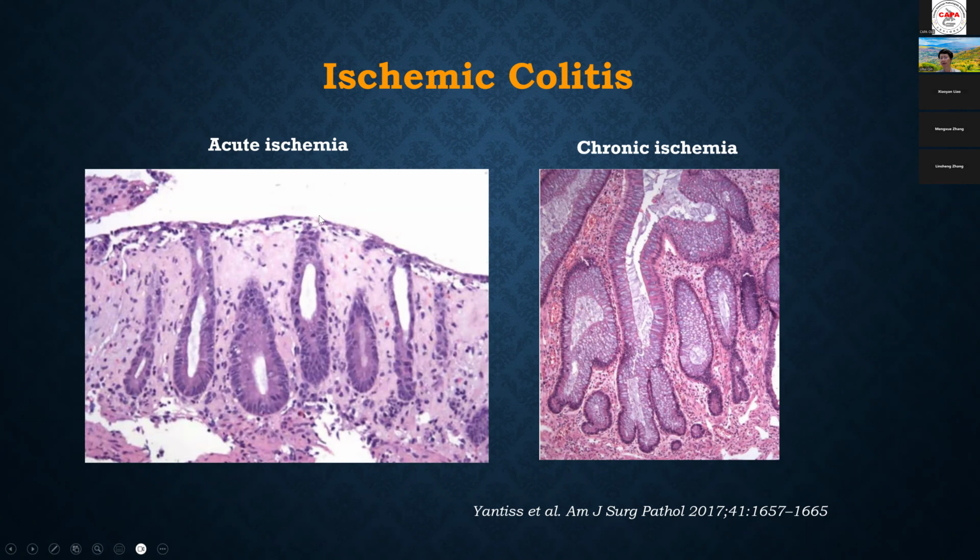So the clinical diagnosis may include acute ischemia, but histologically, it doesn't look like IBD at all. But for chronic ischemia, we do see this kind of architectural change, and we should think about whether the patient had any kind of hypercoagulative status and heart disease, or the patient had immune-mediated disease.